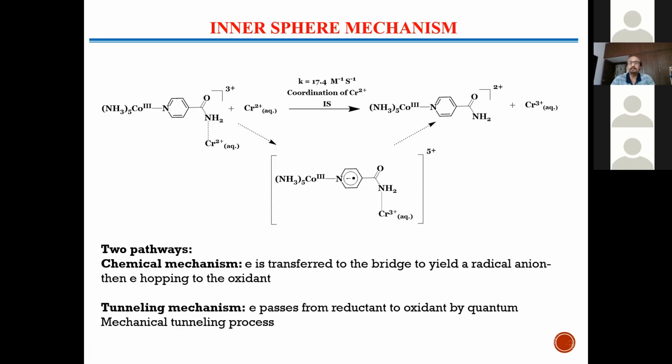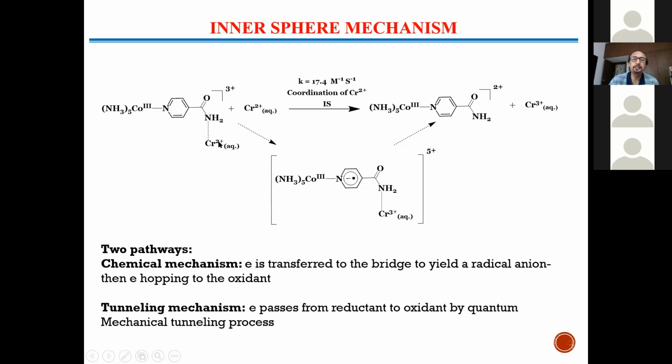So let me explain it once again. What is happening? Your starting point is chromium 2 and cobalt 3. In this particular ligand, one end is bridging to cobalt through the pyridine nitrogen. In the other end, the amide nitrogen is linked to the chromium 2. And then one intermediate is formed where this chromium electron is moving from here to here.